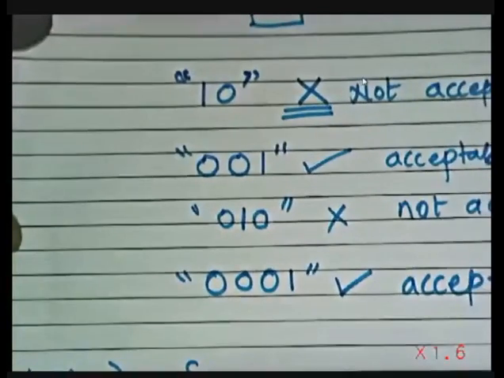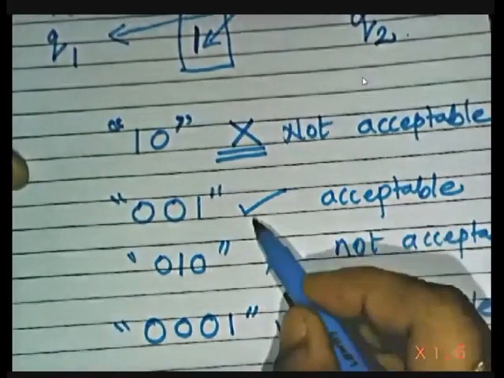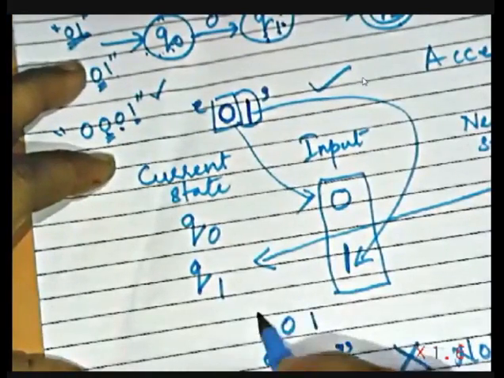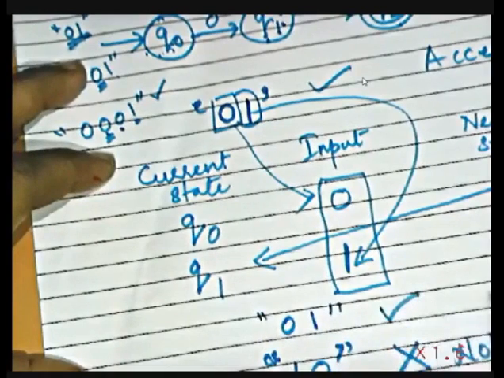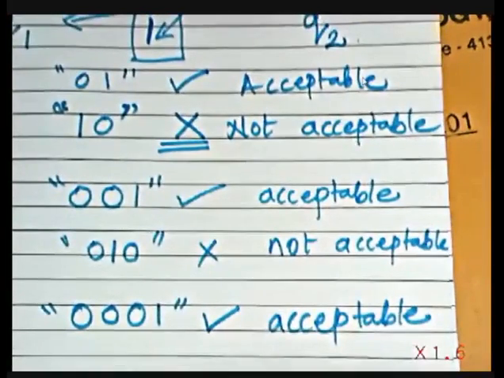What are your observations? Now see, which are the acceptable strings? This is acceptable, and the very first string, which one? I have written 101. It was also acceptable. We had 5 examples.